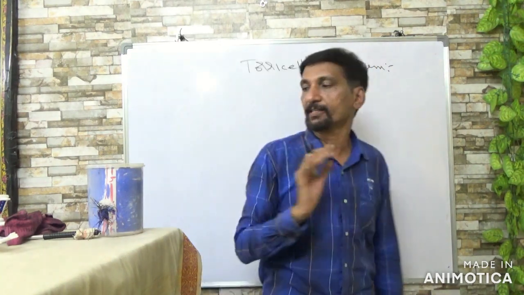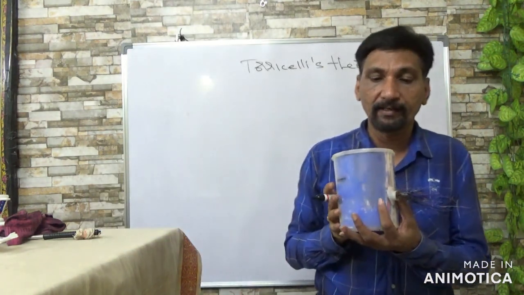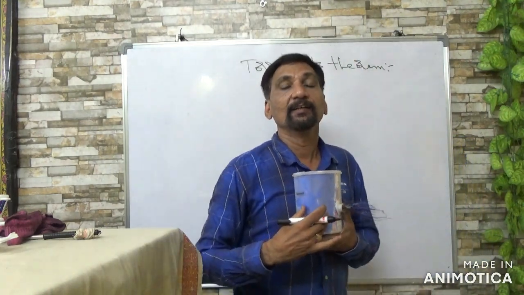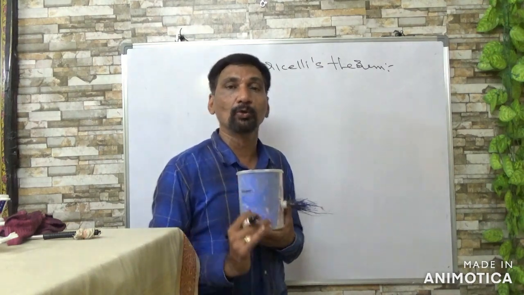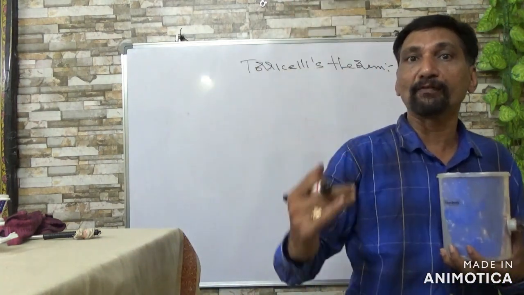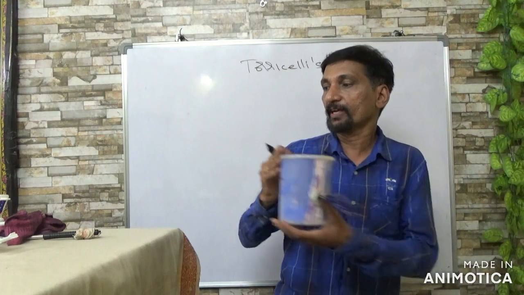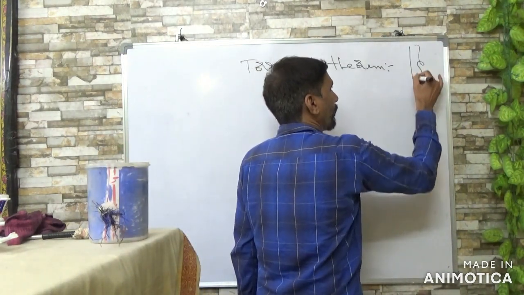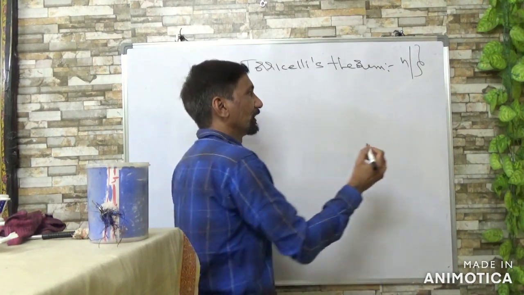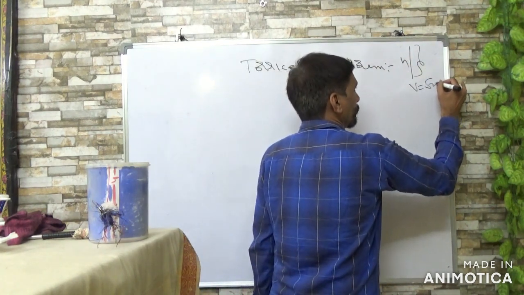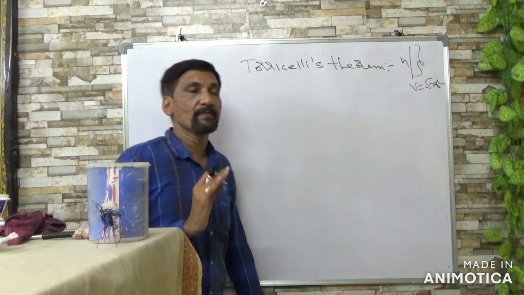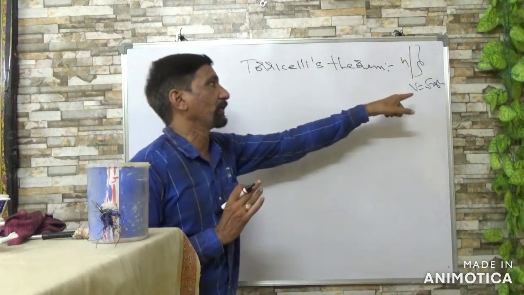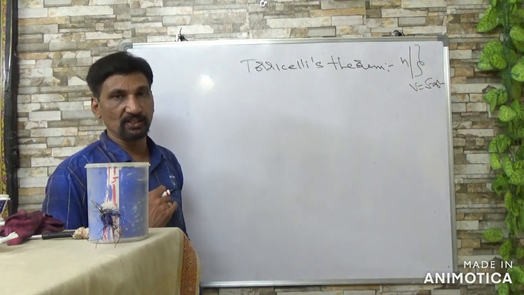So what is Bernoulli's theorem? When a fluid is allowed to fall through a certain height, the velocity gained is equal to the velocity gained by a freely falling body. For example, if a freely falling body is allowed to fall through a height h, then the velocity gained is root 2gh. Similarly, when a fluid is allowed to fall through a height h, it will also gain the same velocity.